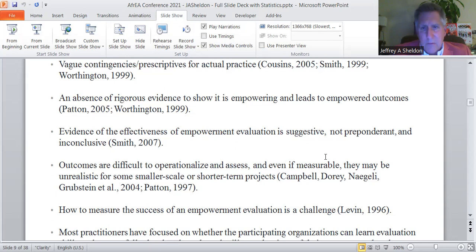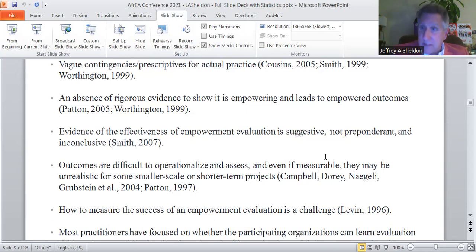The idea that empowerment evaluation leads to empowerment and self-determination is mostly suggestive. It's not preponderant, and it's pretty much inconclusive.